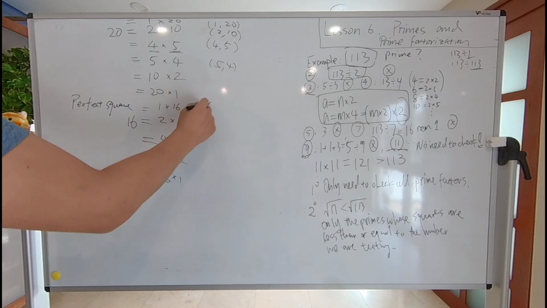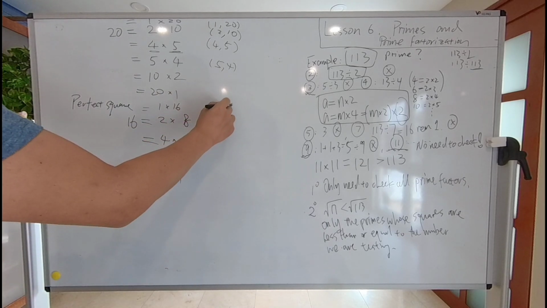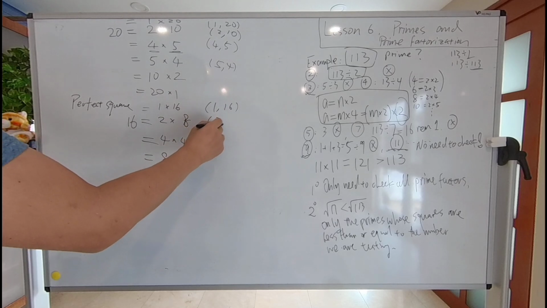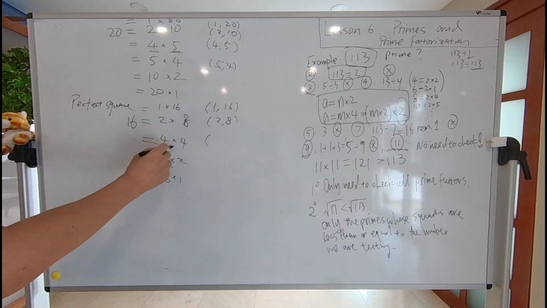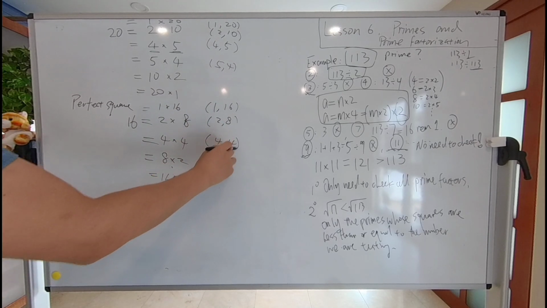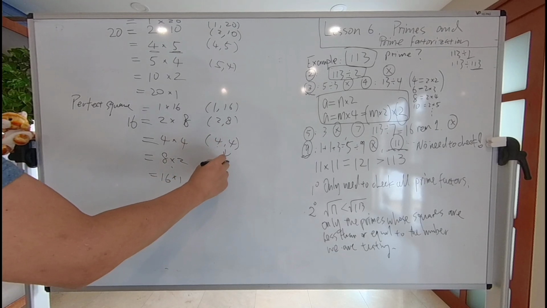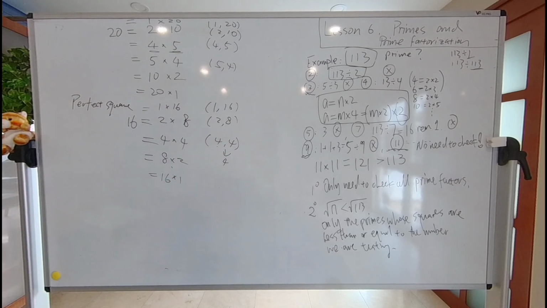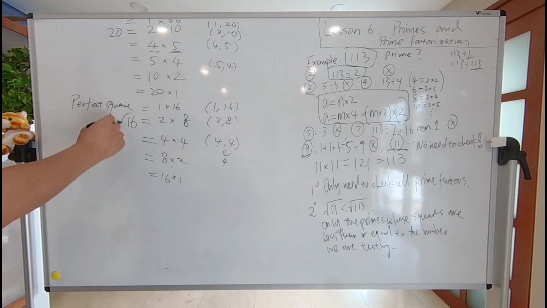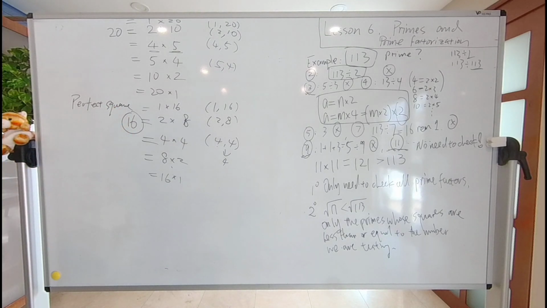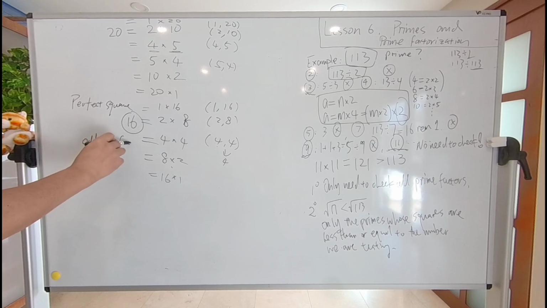So then I can still see that, well, 1 and 16 come in a pair, 2 and 8 come in a pair, but 4 is not coming in a pair because 4 is just 4. It's just one number, 4. So this concludes that only for a perfect square, if a number is a perfect square, you will have an odd number of factors.